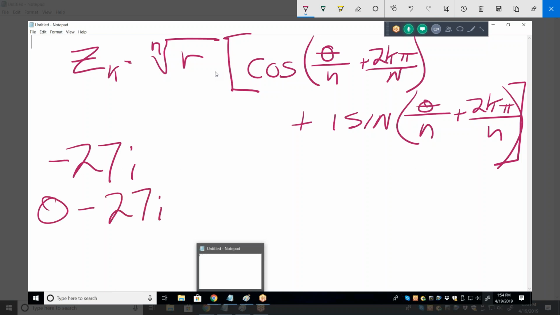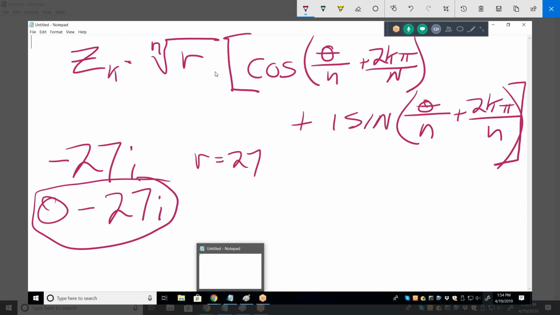Okay. What's R? Is that 27? R is actually the square root of 0 squared plus 27 squared. So yes.